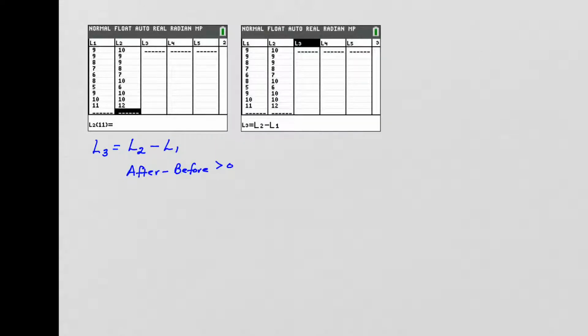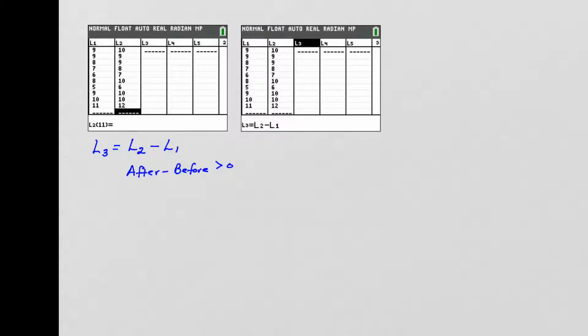So how do I put my data into L3? How do I get the two lists to subtract? You could do it by hand. I mean, these numbers are pretty easy to subtract, but you can subtract them all at once by going into the very top of L3 and typing in L2 minus L1.